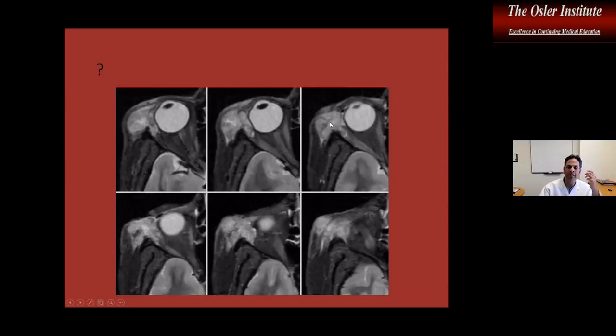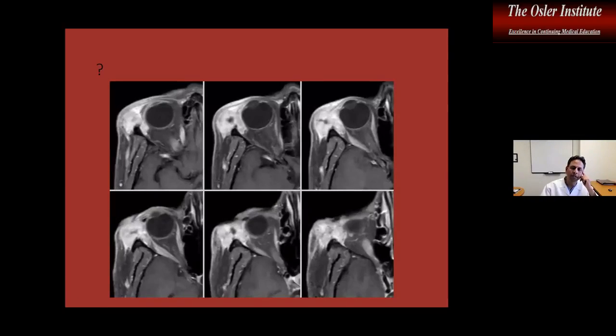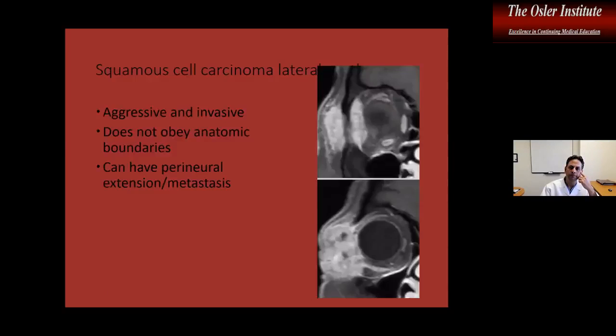So I would guess adenoid cystic carcinoma or something. Or it can be one of the skin cancers or something else that's eroded through. So, I don't know, sebaceous cell, squamous cell. Okay, so this is squamous cell that's aggressive and invasive. So no anatomic boundaries.